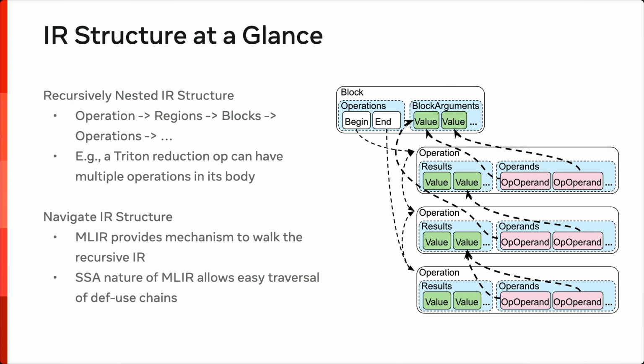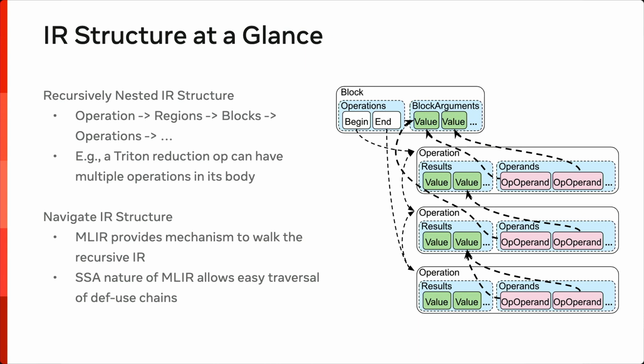One example to demonstrate this is a Triton reduce op can potentially contain multiple operations in its body. And that allows us to express that we want to perform a relatively complicated reduce operation, even just with a single pass on the data.